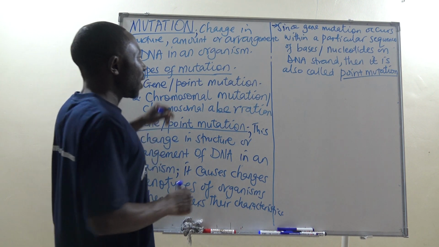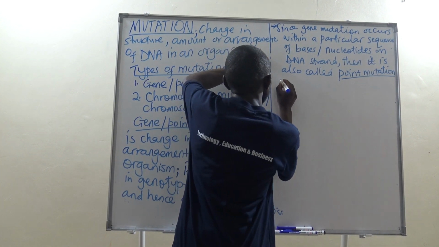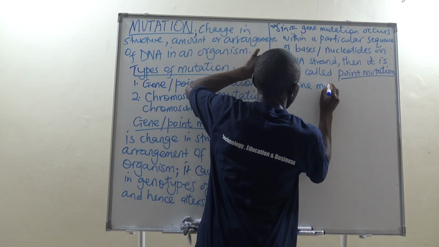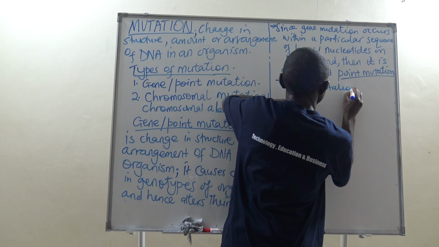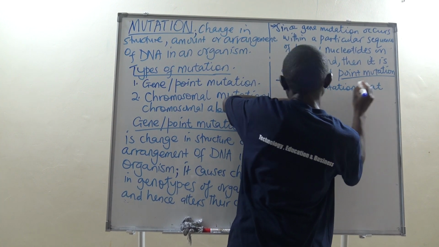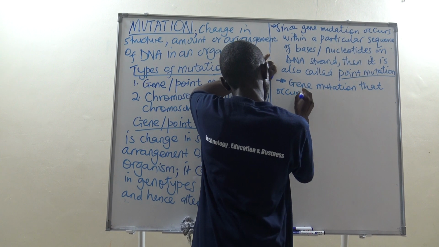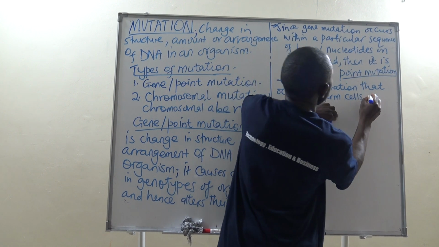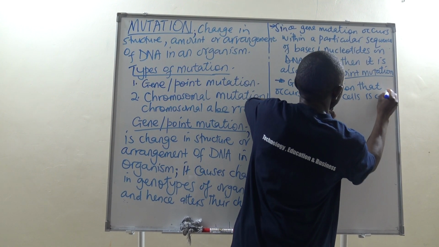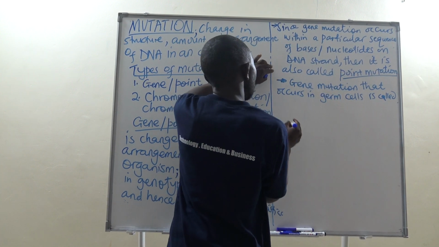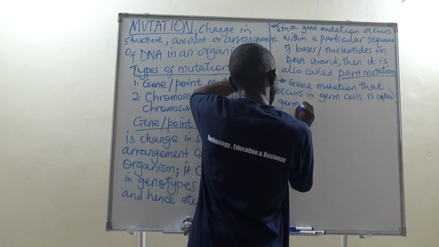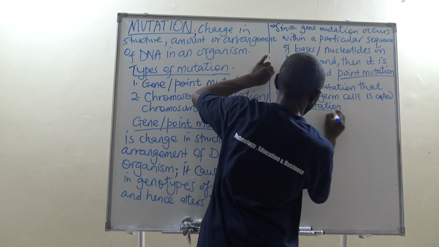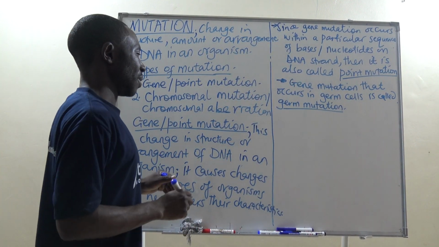Now, here we can say that gene mutation that occurs in germ cells is called germ mutation. So that is what happens.